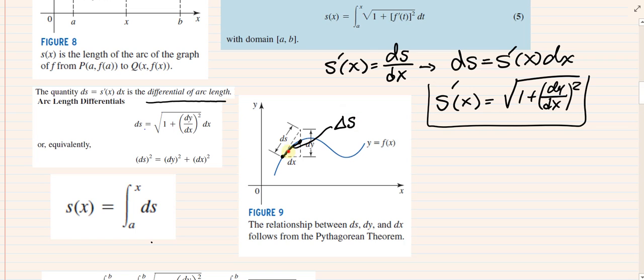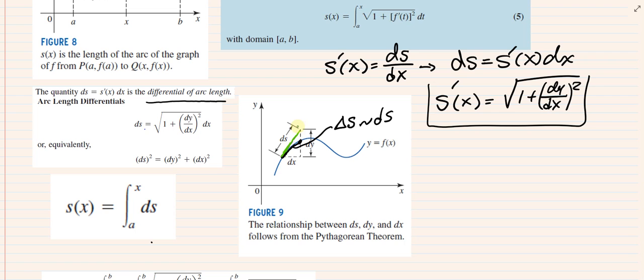We approximate delta s using ds, using the tangent. So that same length is approximated to be this much. Clearly they're not the same, but as dx, or delta x, goes to 0, those two become very close.